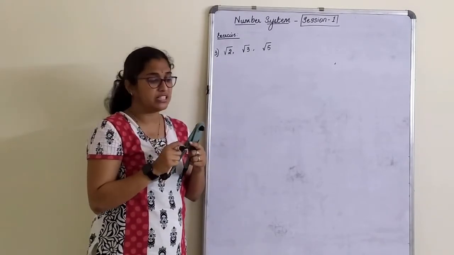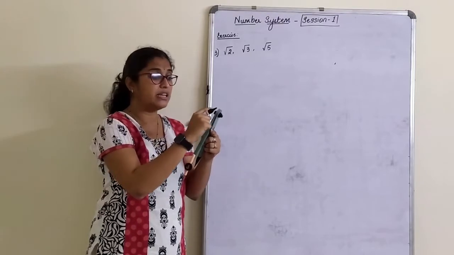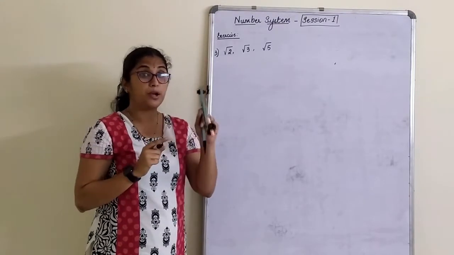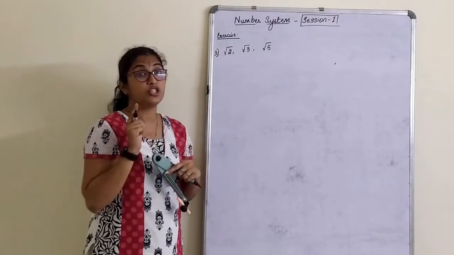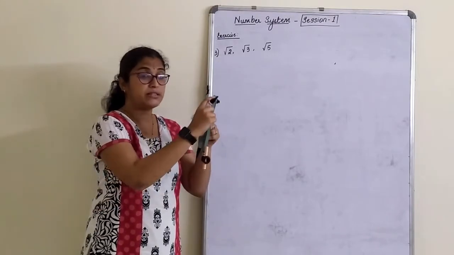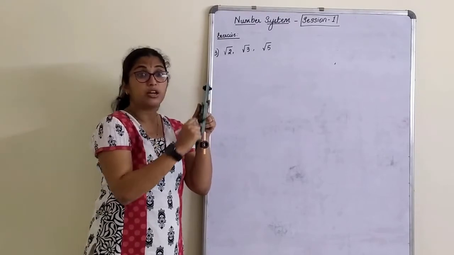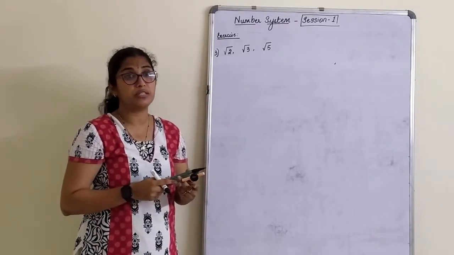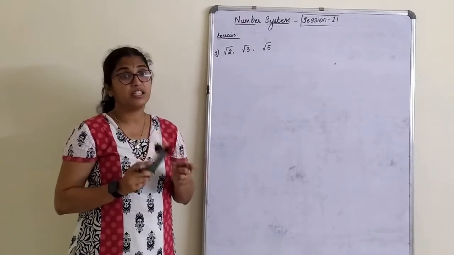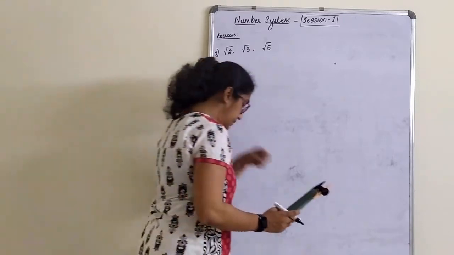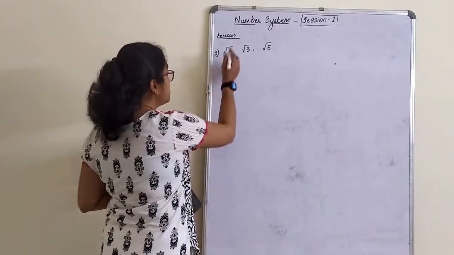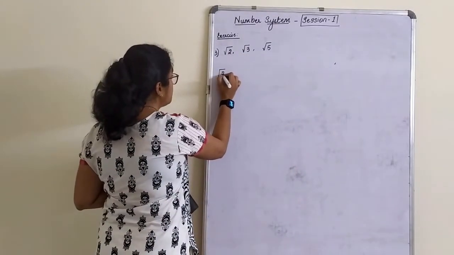I have always seen children using a full length pencil where the pencil length goes beyond this. You cannot do a proper construction with such a big pencil. Always use a pencil whose size is less than your compass size. Further things you know how to use it. The level should be the same and use a sharpened pencil. So, to represent this on the number line, first we'll start with root 2.